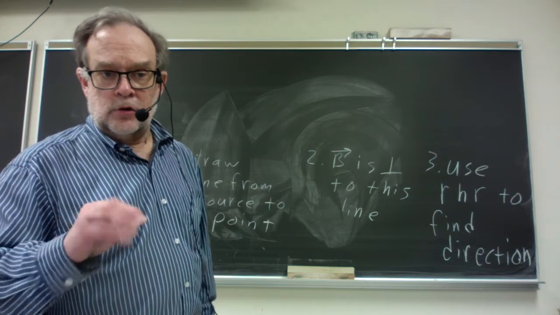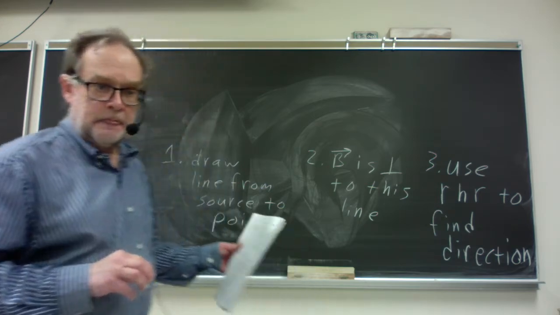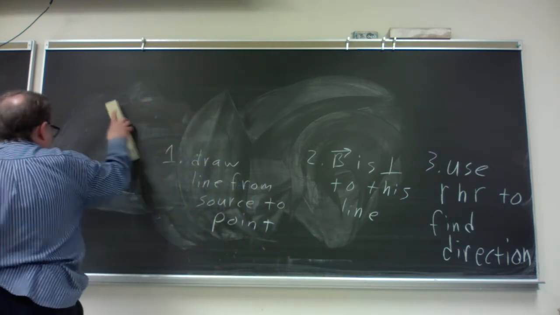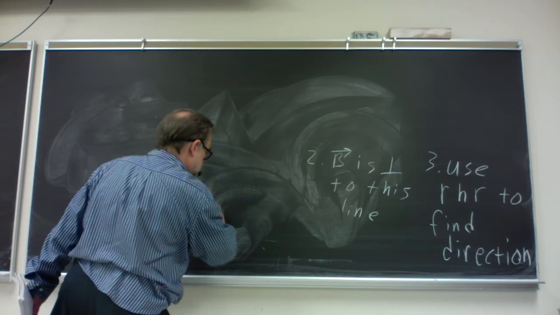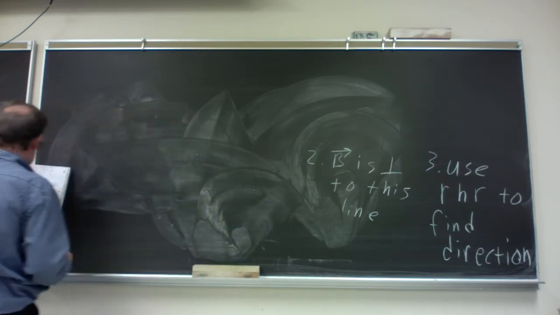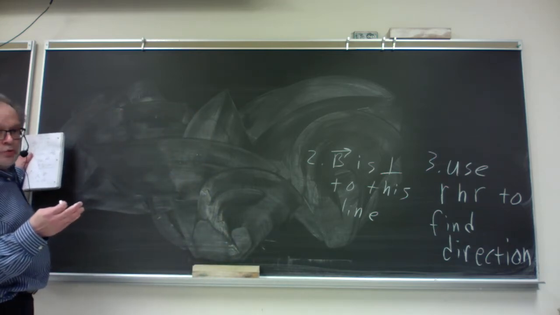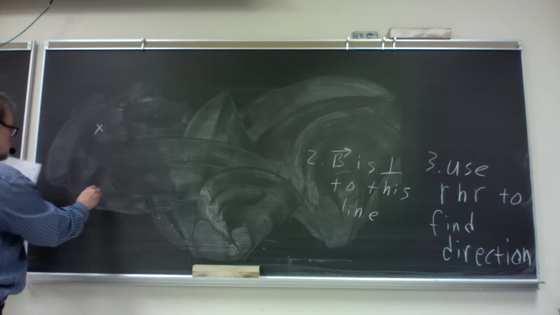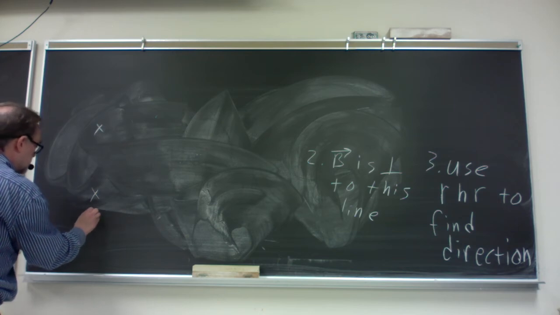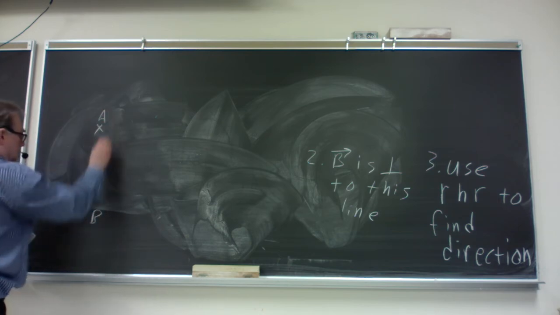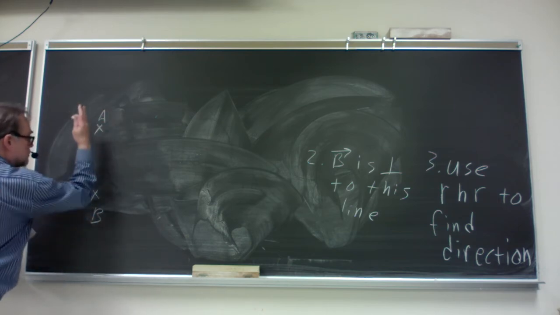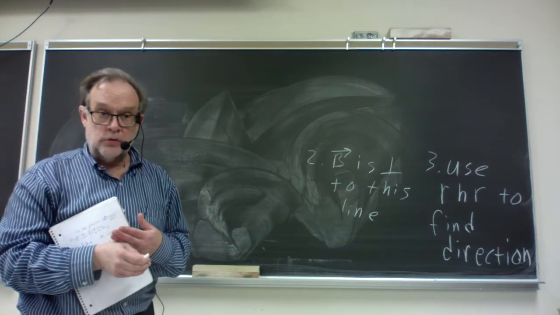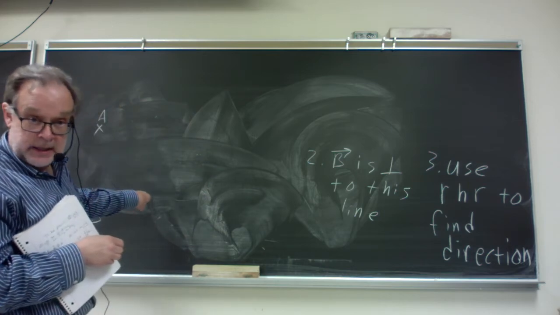Now let me show you what that looks like in a specific case. So imagine I've got 2 currents in the same vertical plane. Call them B and A. Same vertical plane, and to keep things simple, we'll say that the amount of current in each wire is the same.